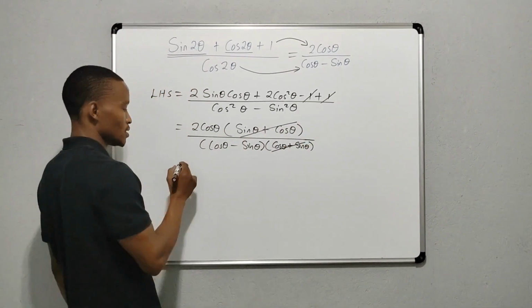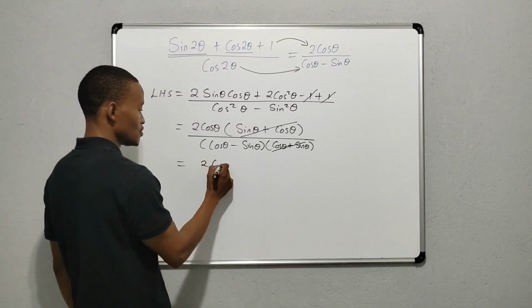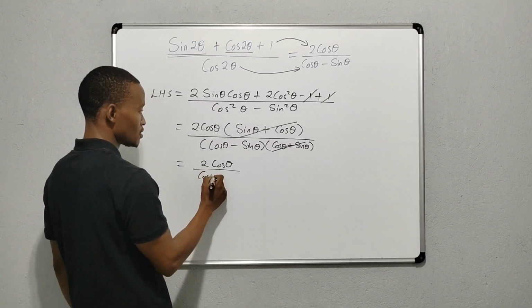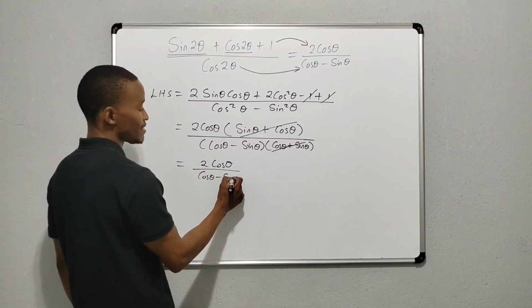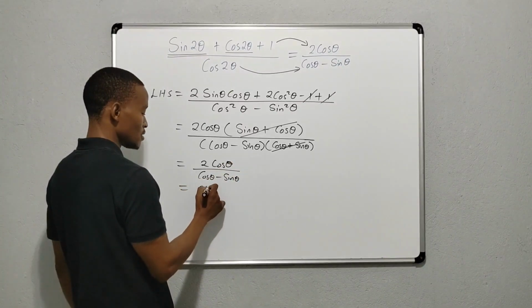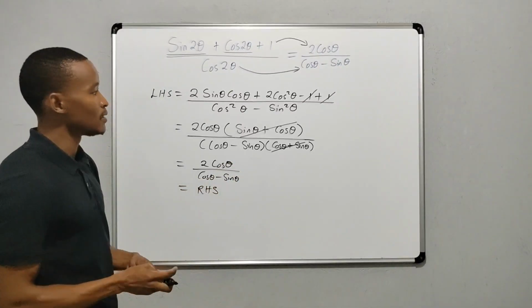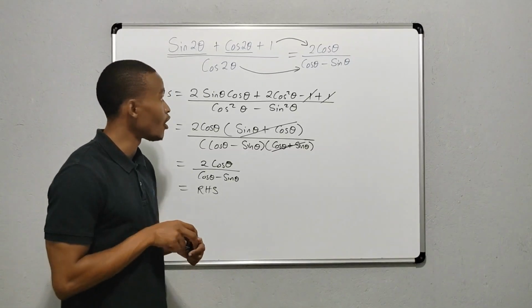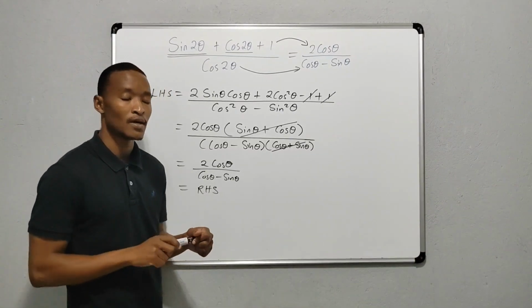That is what we see. And this is equal to 2 cos theta over cos theta minus sine theta, which is equal to the right-hand side. Okay. Clean mathematics, and this takes care of this particular question.